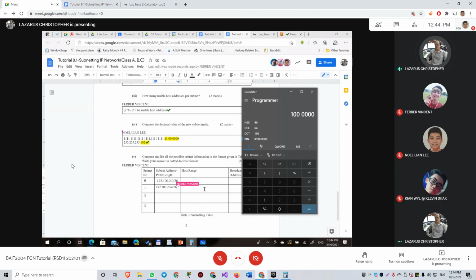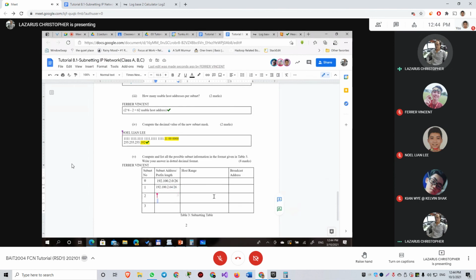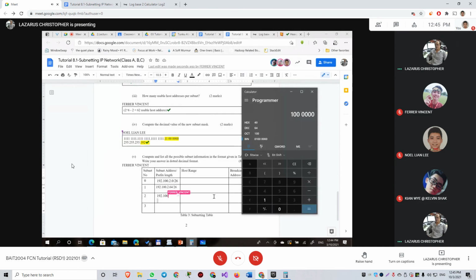The next subnet address is the same, 192.100.2, then 64 plus the magic number 64 again, which is 128, /26.